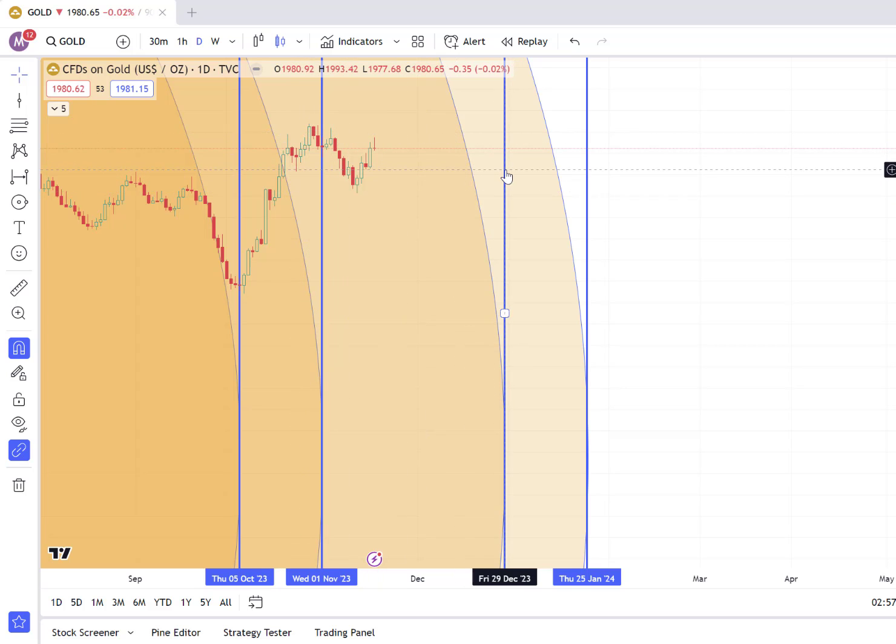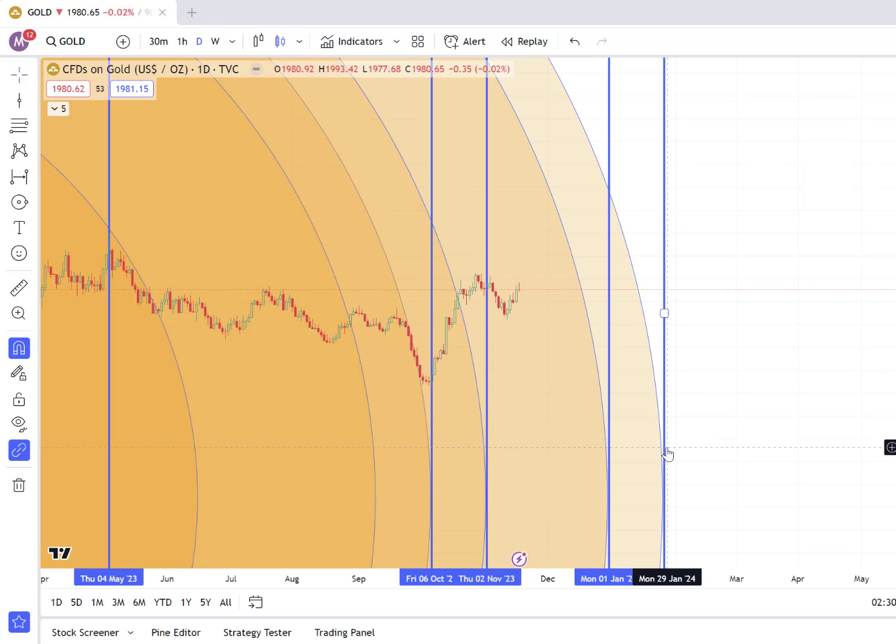And we are expecting a change of direction in this area on December 29, maybe 1 or 2 days before, or maybe 2 days after, and here in this area on January 25, maybe 2 days before or 2 days after.